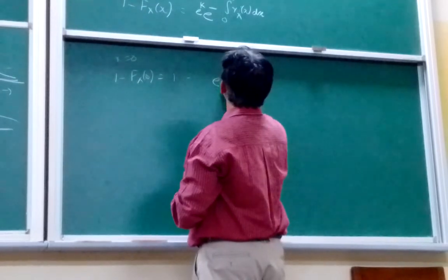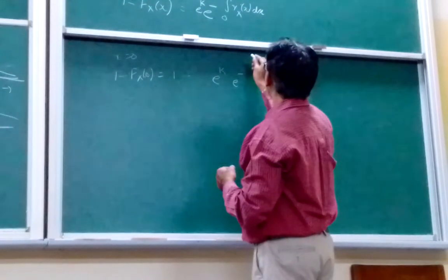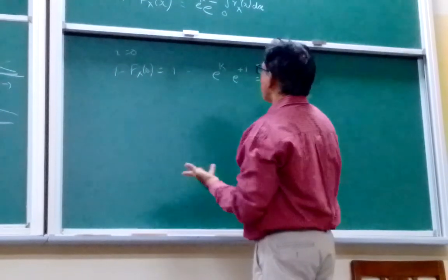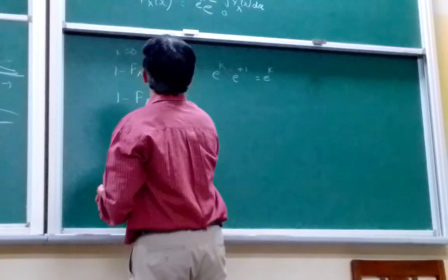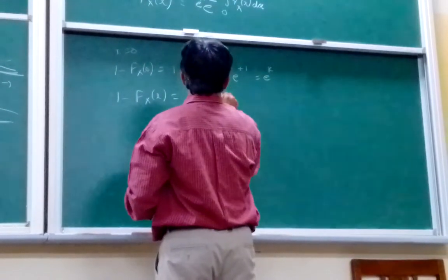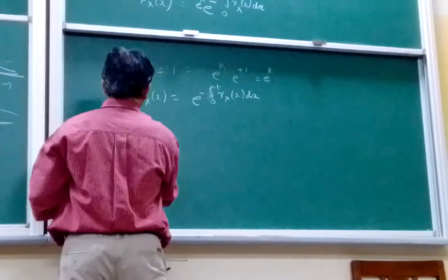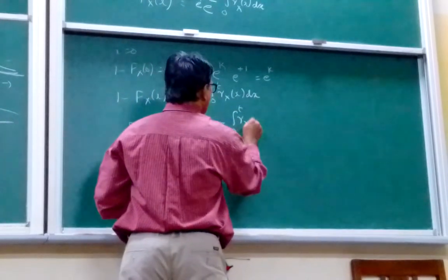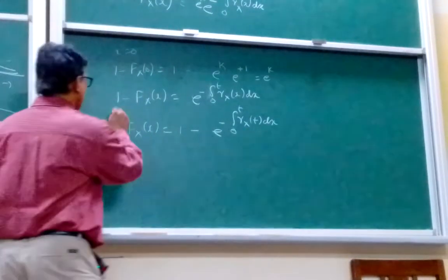So 1 equals e power of k into e power of minus the integral from 0 to 0, that is 1 only. So e power of k is basically 1, so the prefactor is 1 only. So this is what we get.